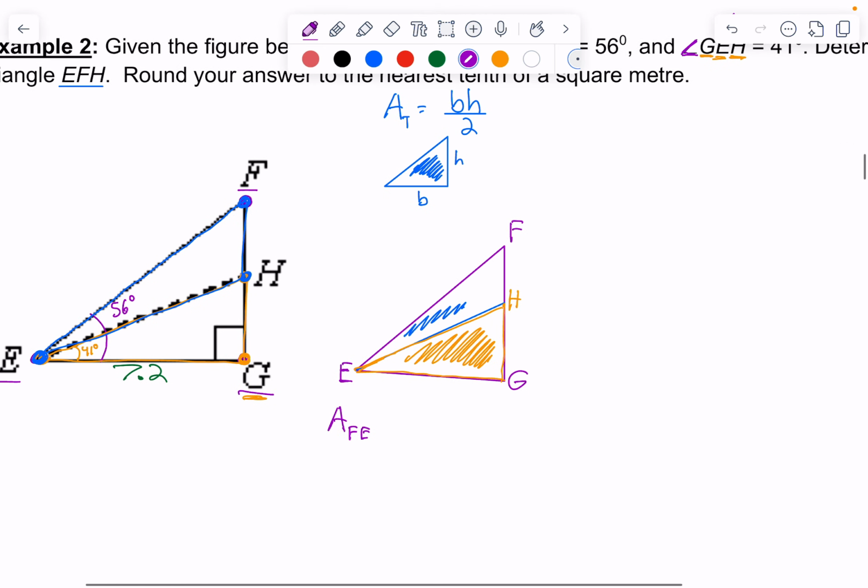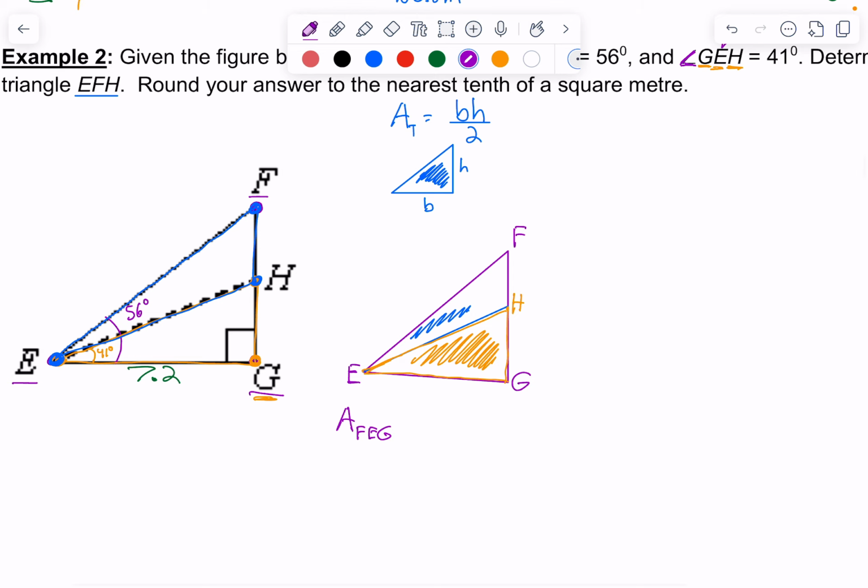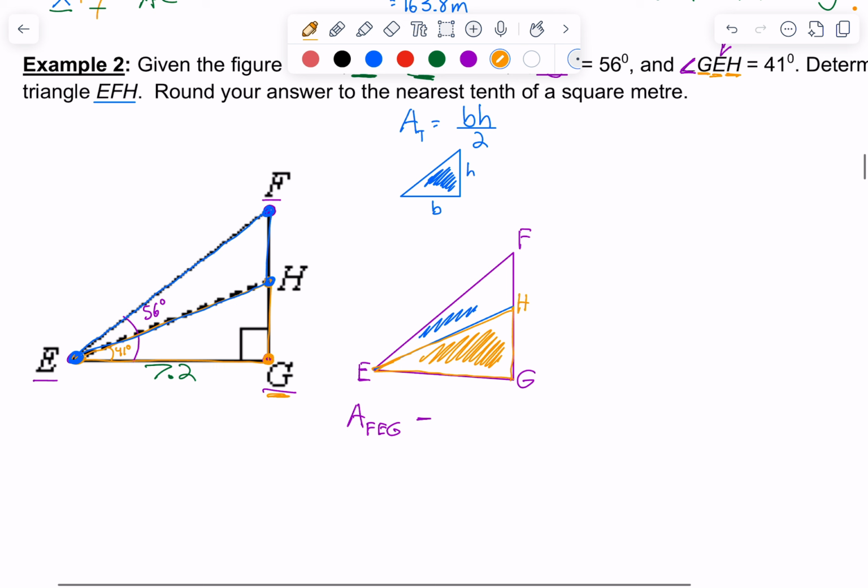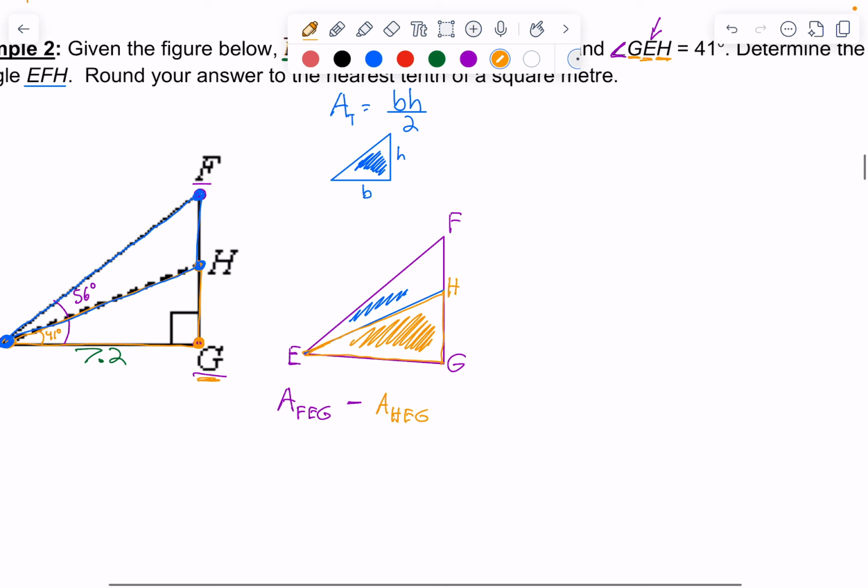Yeah, well, FEG. And then if we can subtract the area of H, E, G, we would get the blue area. This would equal the blue area, like this one right here. That would give us the area E, F, H.